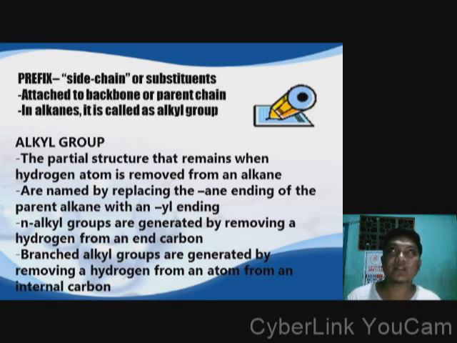For example, if methane becomes a side chain, we remove the -ane and replace it with -yl to become methyl. Alkyl groups are generated by removing a hydrogen from an end carbon. Branched alkyl groups are generated by removing a hydrogen atom from an internal carbon.